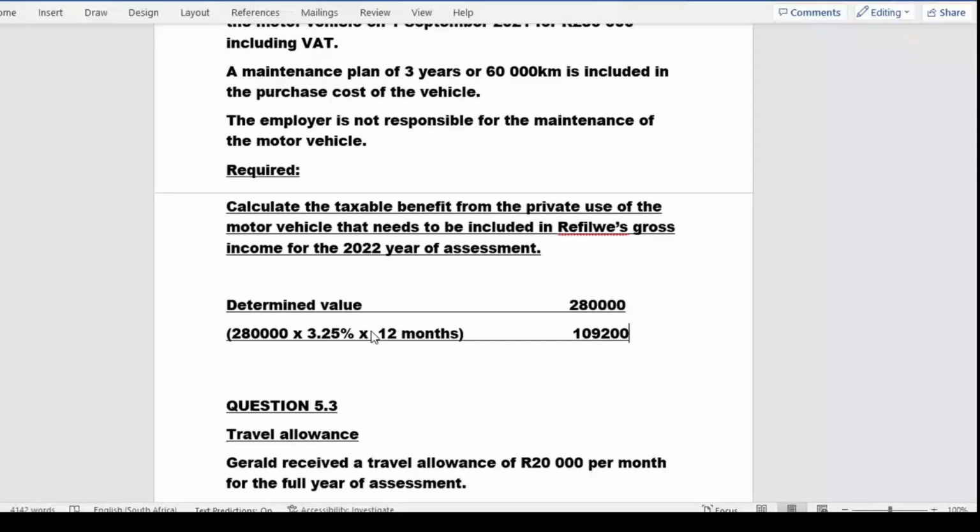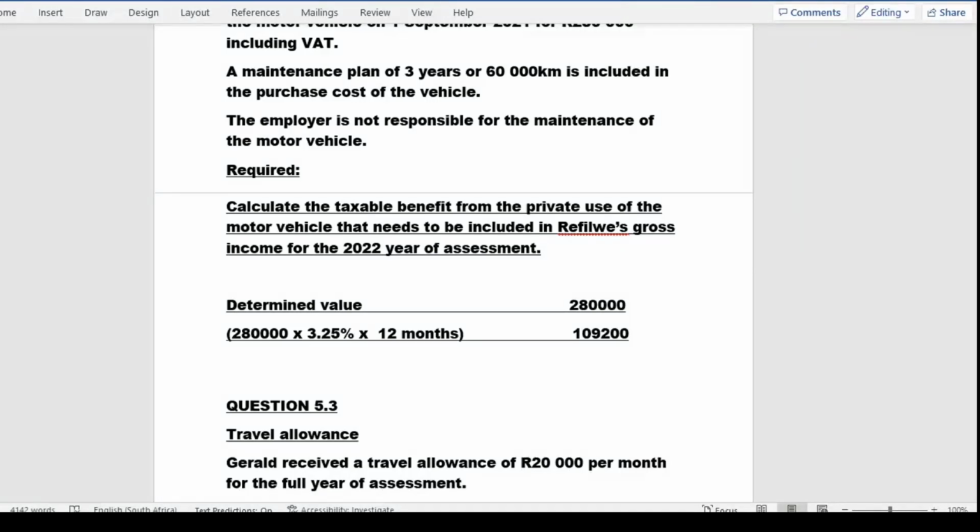That's very much correct. Okay, so are you following? All right. You just need to know when do you use 3.25% and when do you use 3.5%.